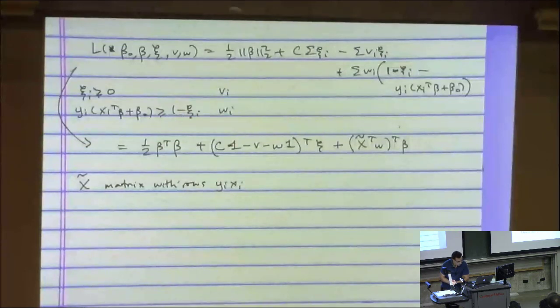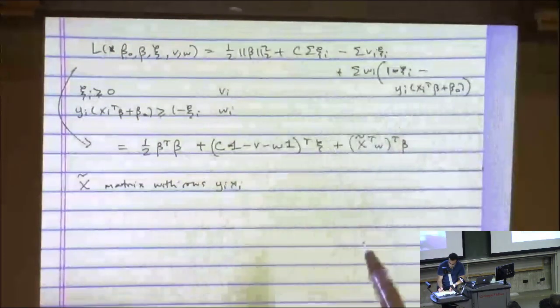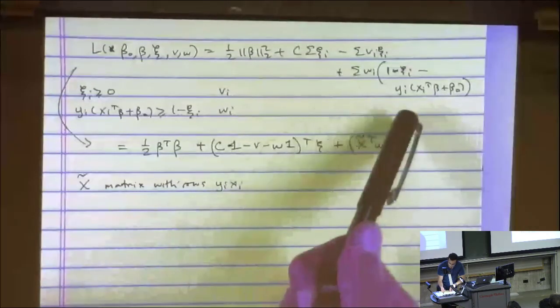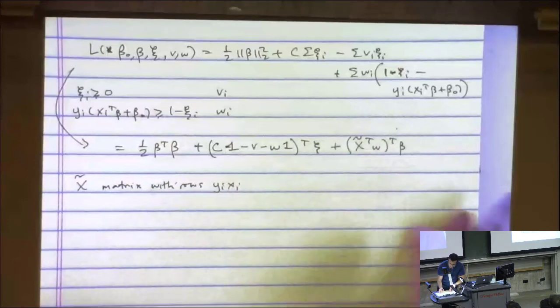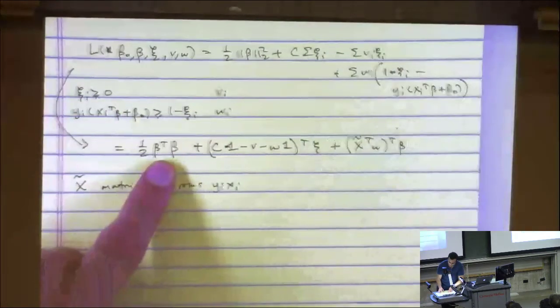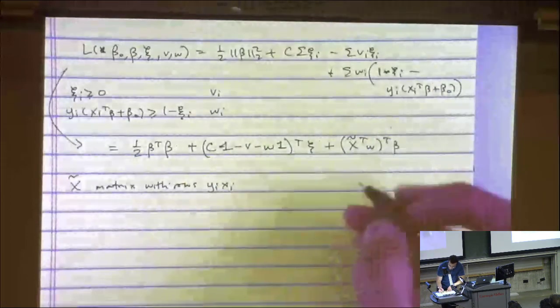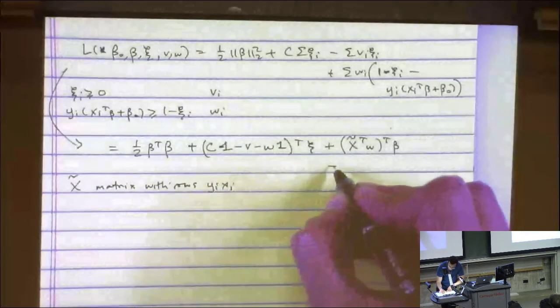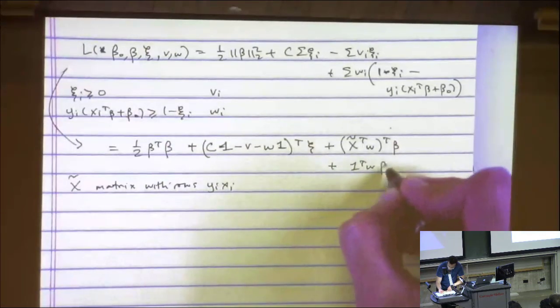And I have a bunch of other terms. The quadratic bit is here. I guess the only other term I have left over is probably the sum of the w's times beta 0.